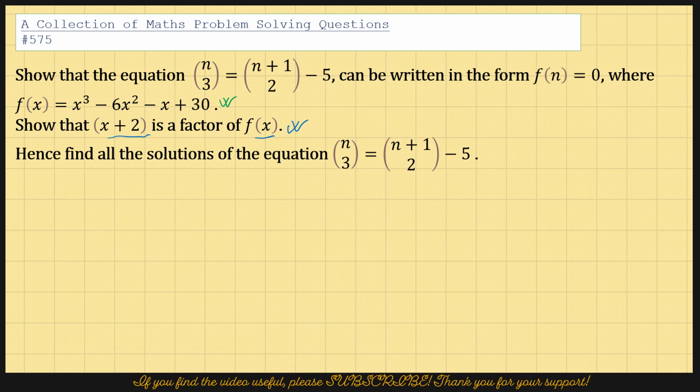So what we want to do is, we can show it as n plus 2 is a factor of f(n).